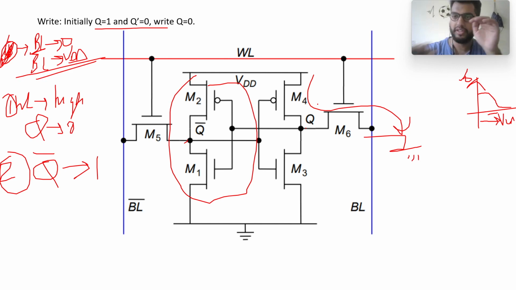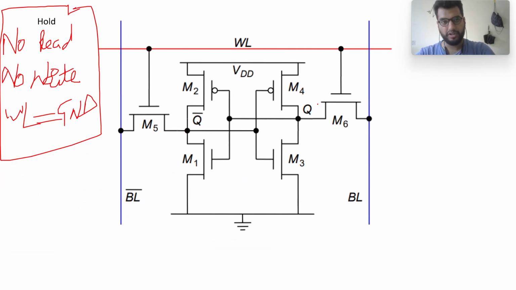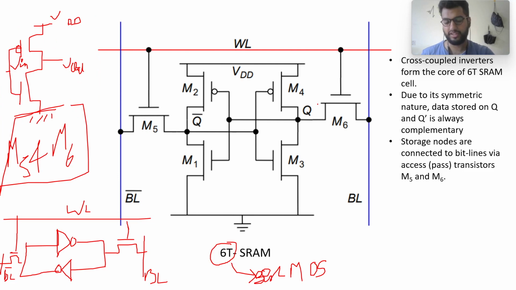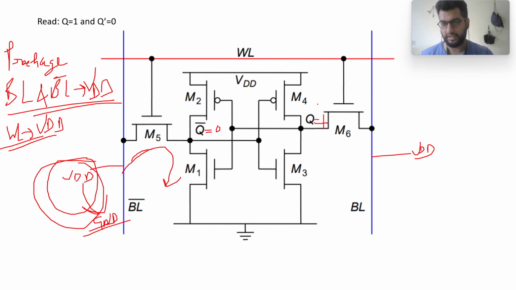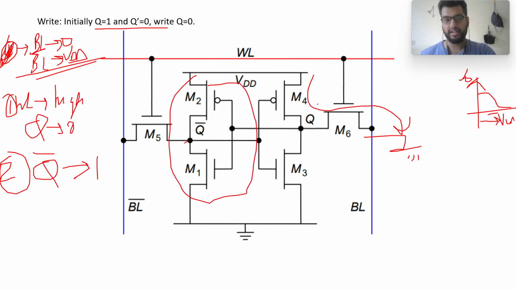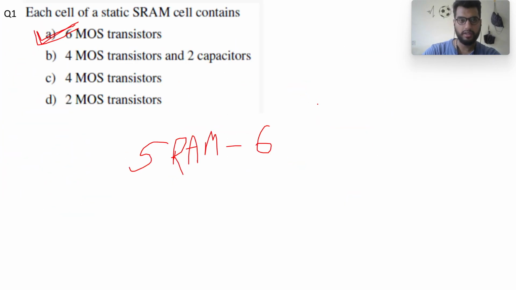So this was just the working of the 6T SRAM cell, where we first discussed the structure of the 6T SRAM cell, then the hold operation, then we had a look at the read operation, and finally the write operation. That was how we approached this question, which asked how many transistors a 6T SRAM cell is made up of.